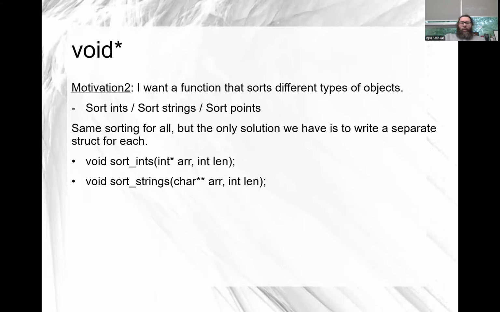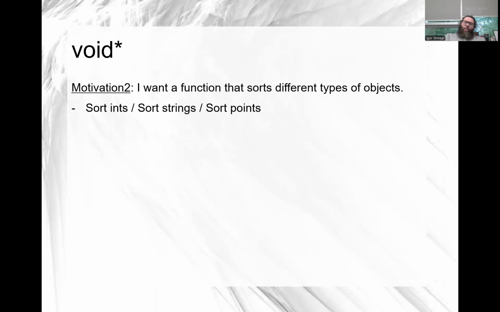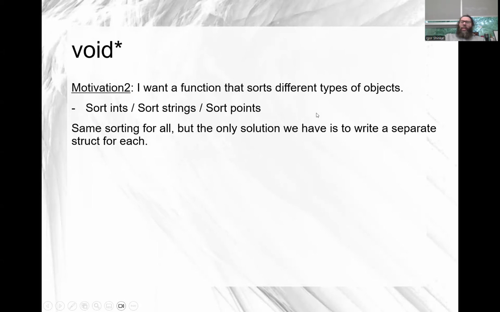Another motivation is sorting things. Let's say we want to sort ints or sort strings or sort students and so on. The sorting algorithm is exactly the same. The only thing that's different is the type inside. Sorting students and sorting numbers is exactly the same thing. If we sort the students by ID, or we sort strings by some structure, it's exactly the same sorting algorithm.